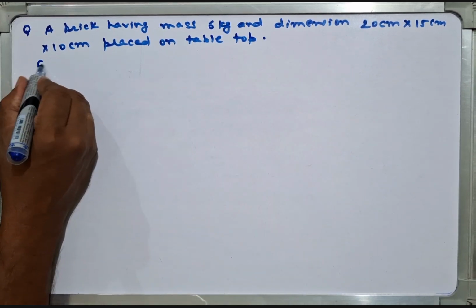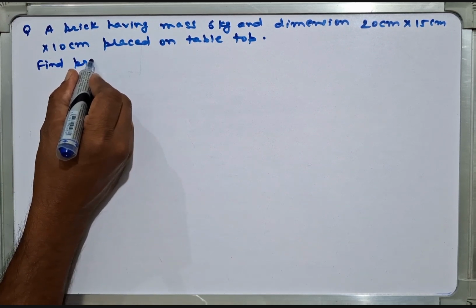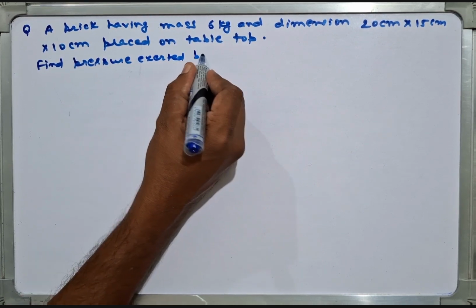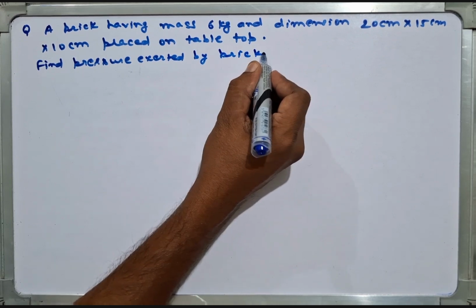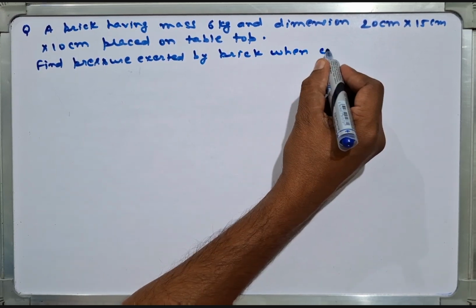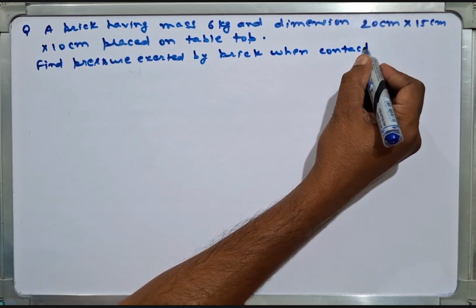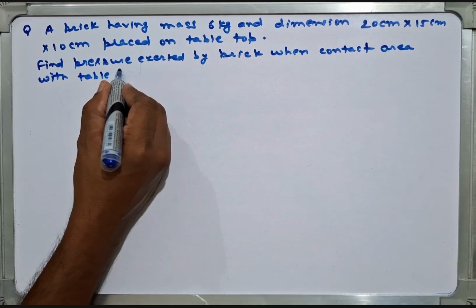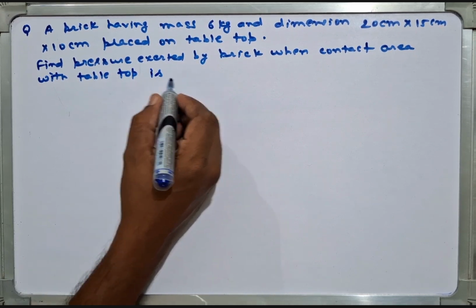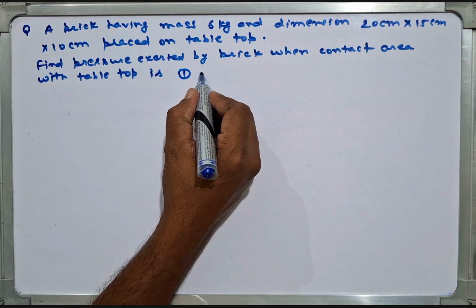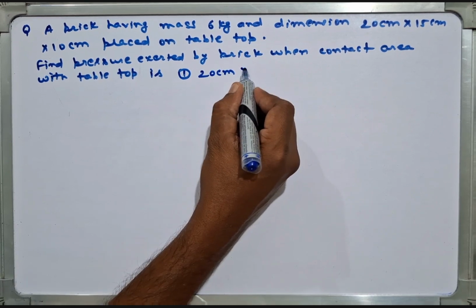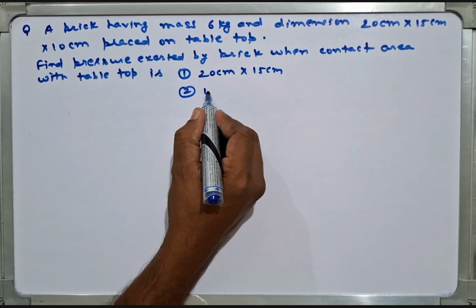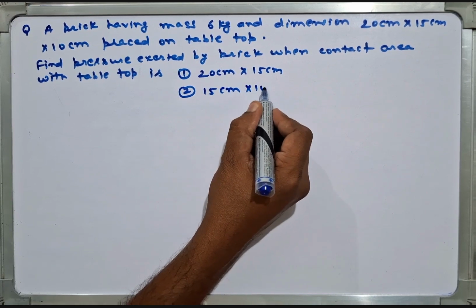Find the pressure exerted by the brick when the contact area with the table top is, first, 20 centimeter into 15 centimeter, and second case, guys, 15 centimeter into 10 centimeter.